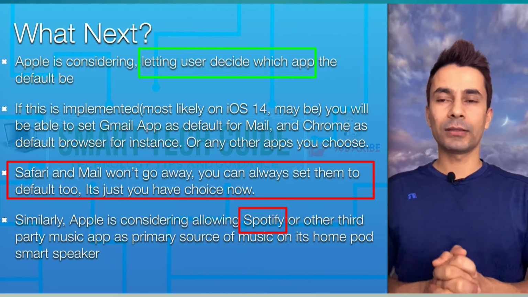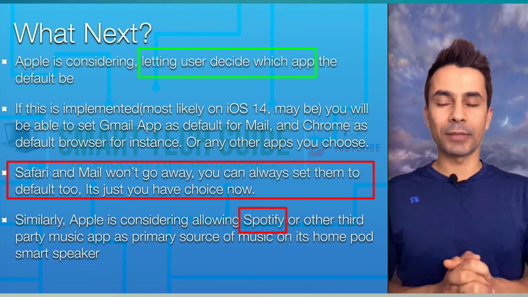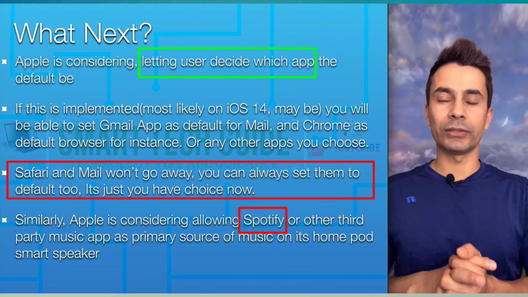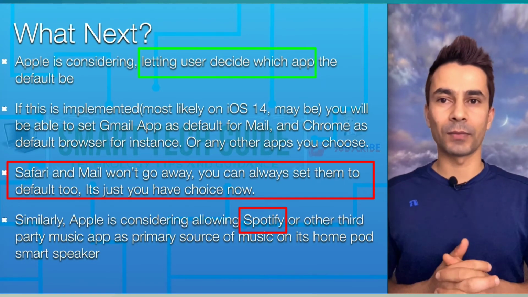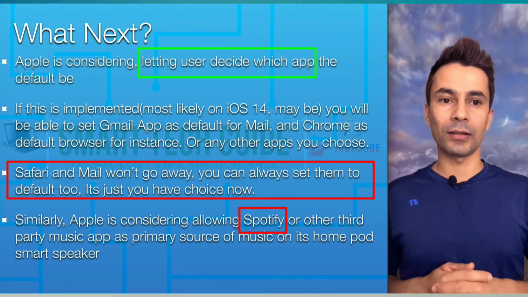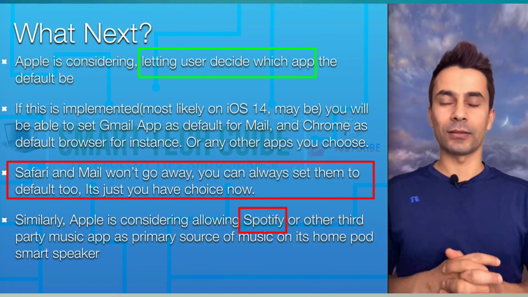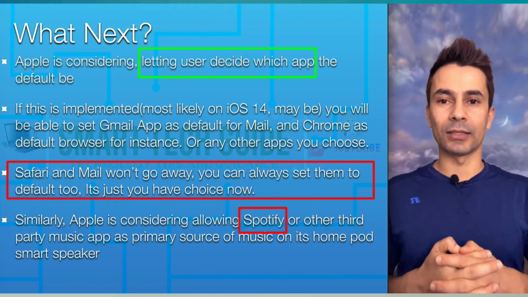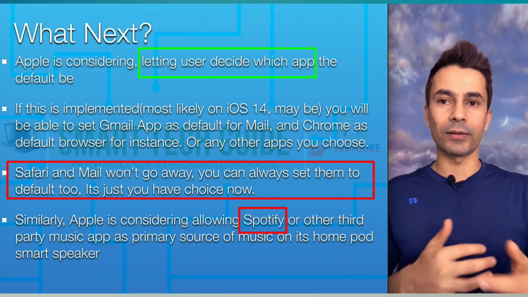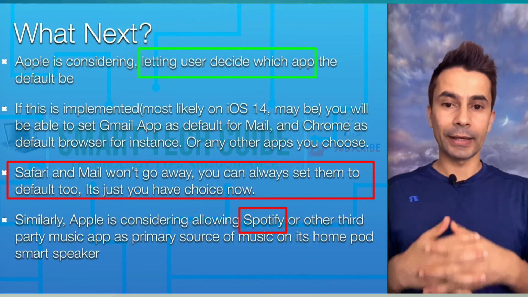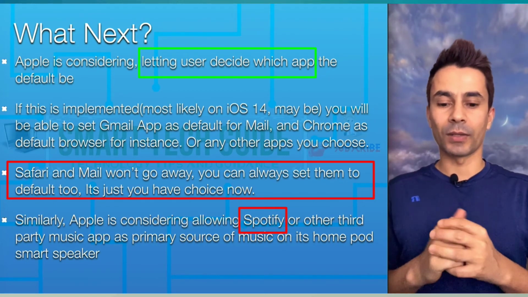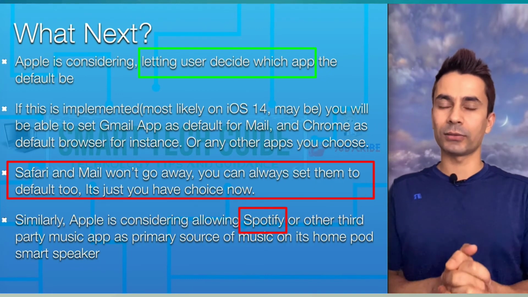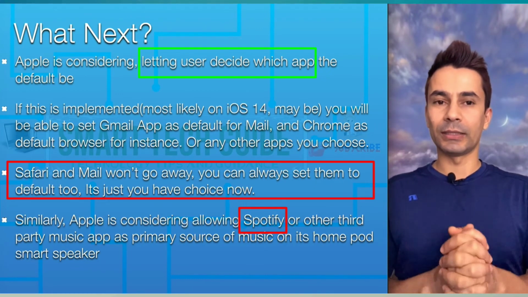And on the Apple HomePod smart speaker, they are trying to let users stream with Spotify or any other major streaming service as the default music service instead of only Apple Music. At this point, Apple's HomePod only allows Apple Music as the default music service.